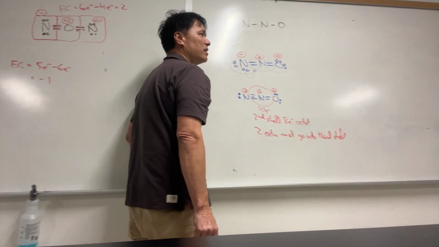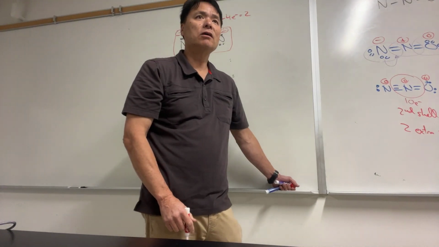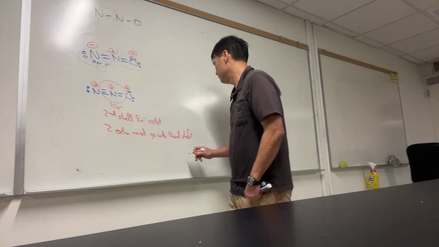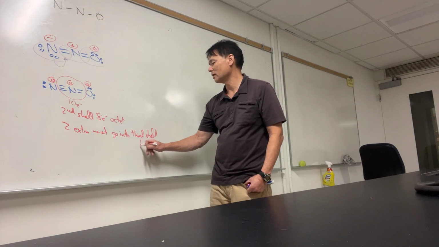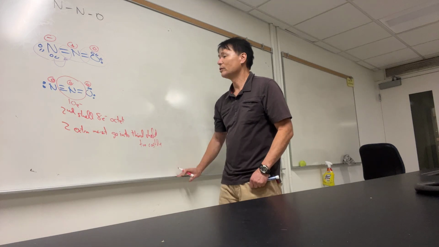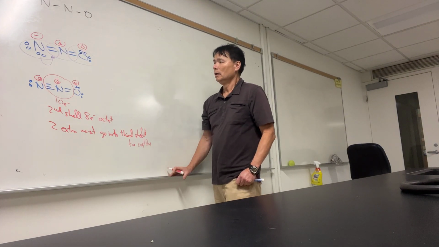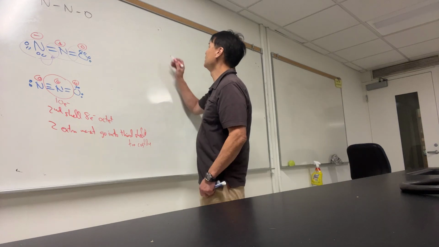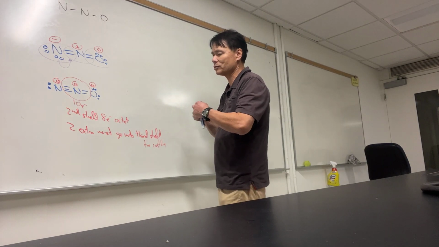Is that energetically favorable? No. It turns out it's too much energy. This is too costly, so it doesn't happen. And so we come up with another rule to help us with Lewis structures.